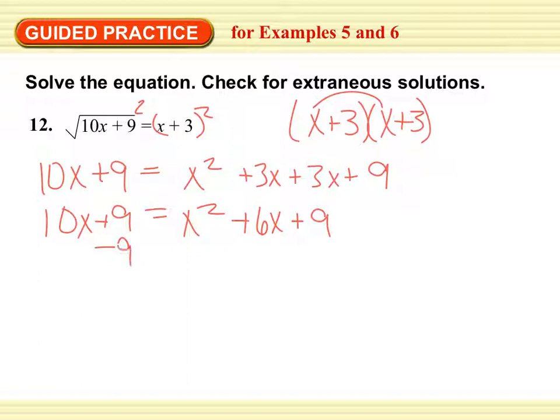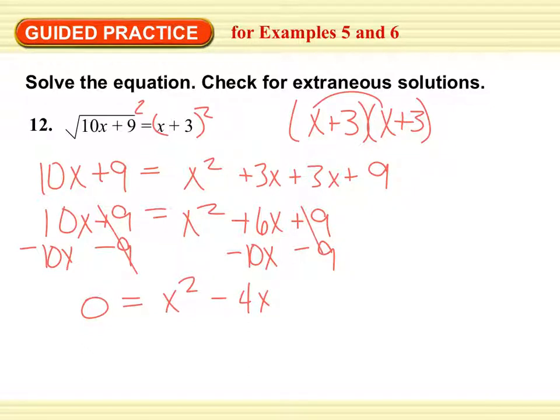So I'll subtract 9 from both sides, subtract 10x from both sides. I have 0 equals x squared minus 4x, and those cancel. Ooh, this is a good one. So let's go ahead and factor. That means that x can be equal to 0, which is this one, or x is equal to 4.